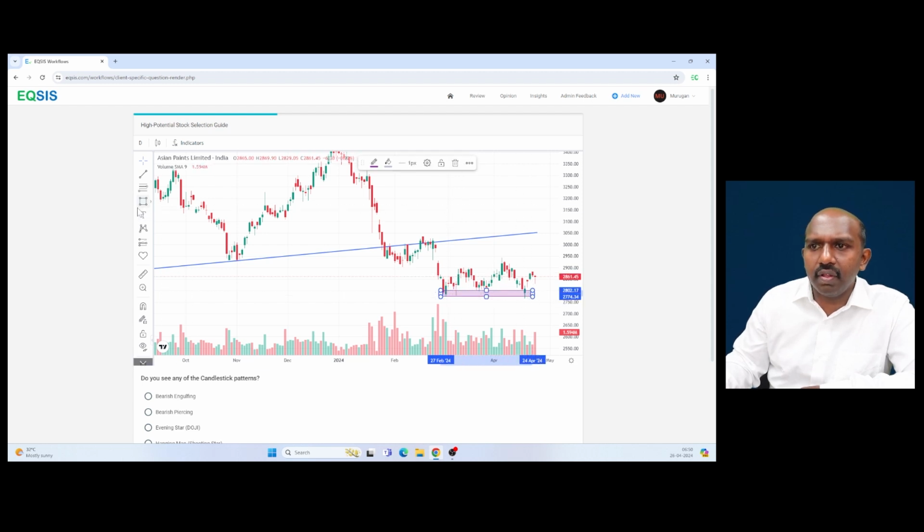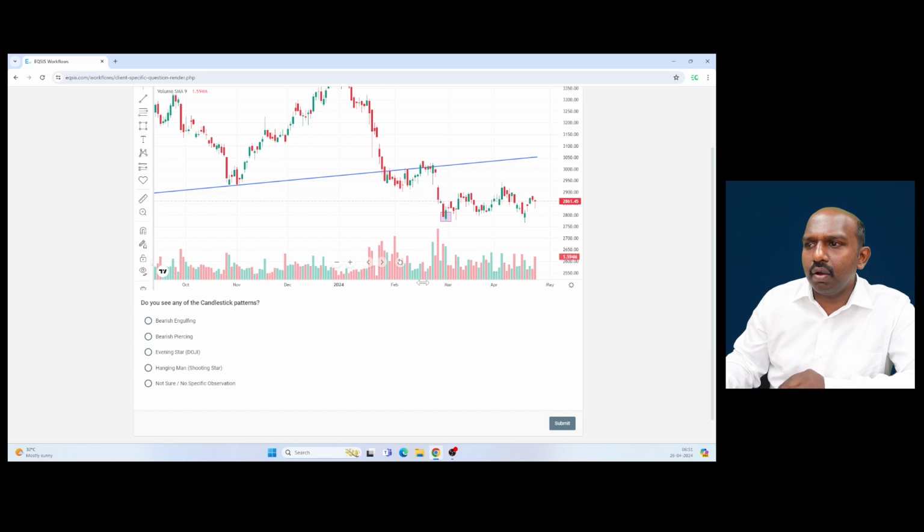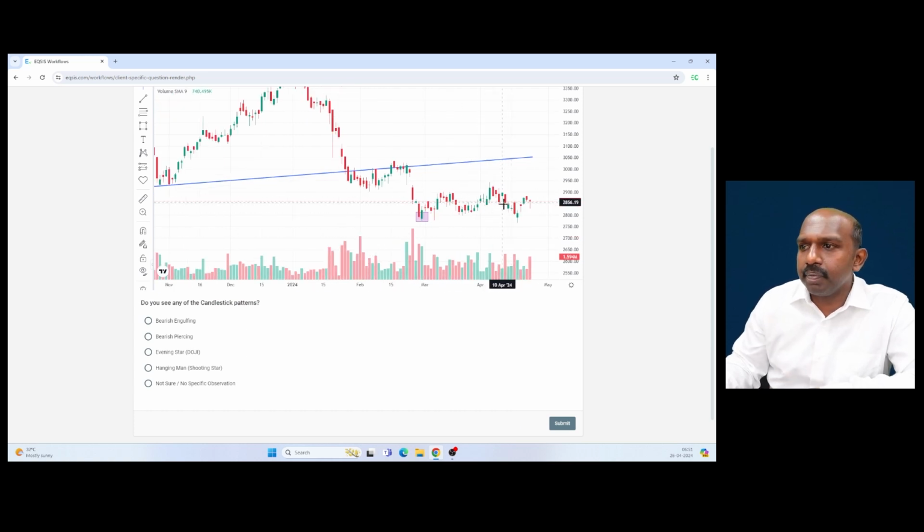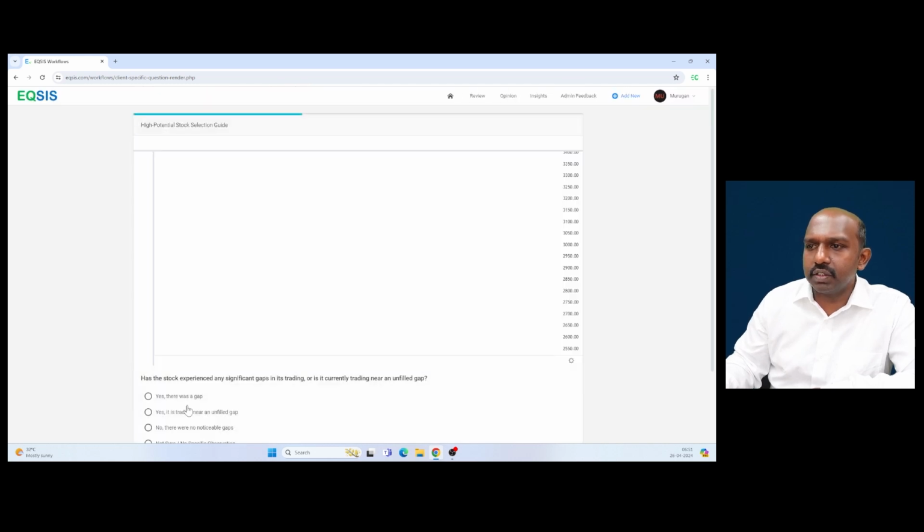That could be the reason the stock is witnessing a consolidation in the whole phase, because of the buying indications from this piercing. But I don't see any bullish or bearish patterns formed here. And we cannot call this a bearish piercing because the upper tail was not fully covered. So I better say not sure, no specific observations here.